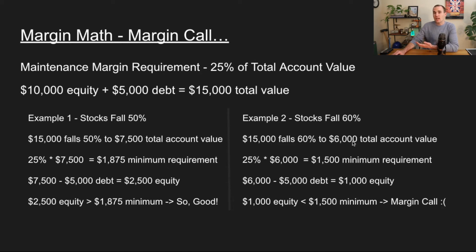But our total account value is only $6,000, and we have $5,000 worth of debt. So when you subtract that $5,000 from the $6,000, you only have the remainder of $1,000 in equity, and $1,000 of equity is less than the requirement of $1,500, which means you get a margin call.